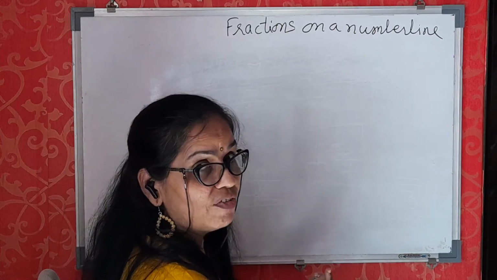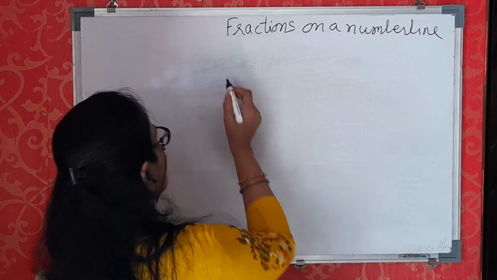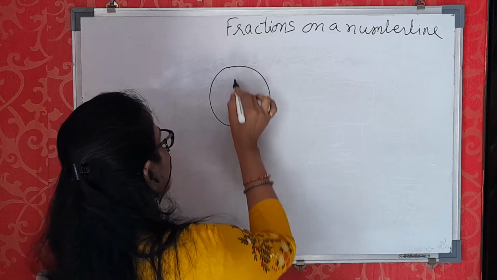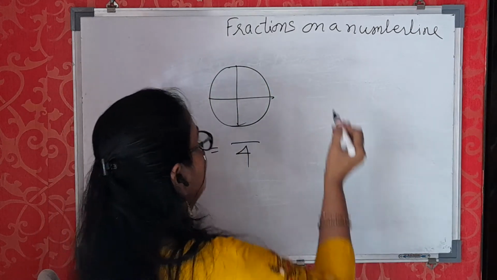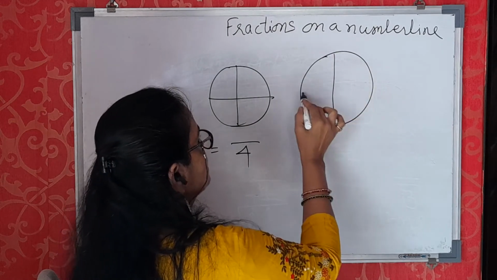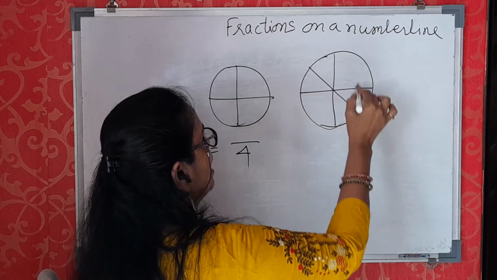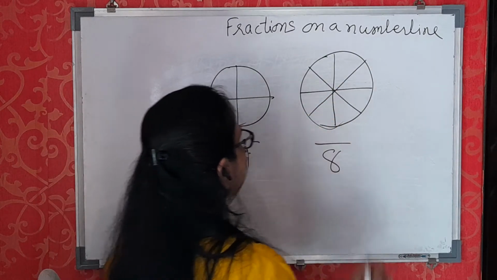Next is equivalent fractions. Now look here. I made 4 equal parts, and with the same, as I have shown you, 8 equal parts of one pizza. Here 4 equal parts of pizza.